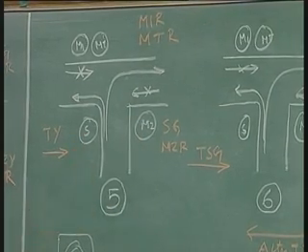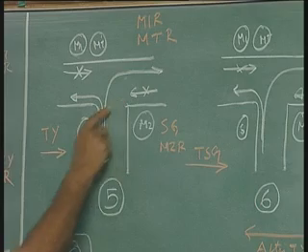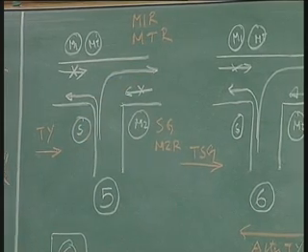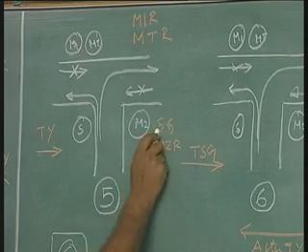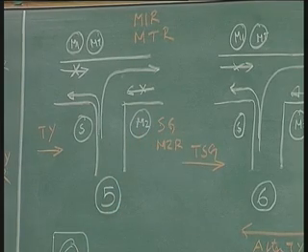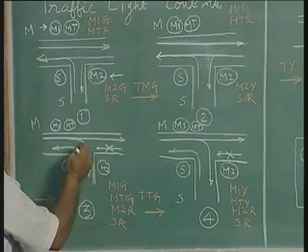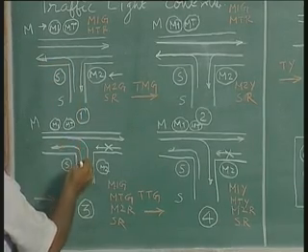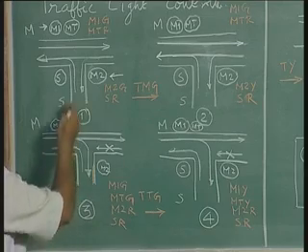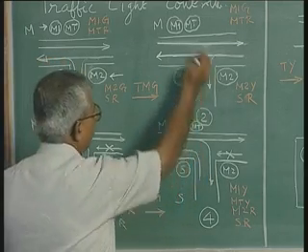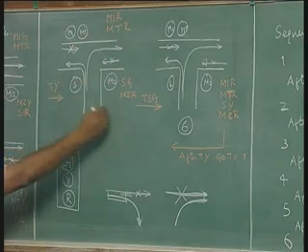Now, we have made way: this is stopped, and we are allowing traffic from side to main. So, side to main is allowed, which means the side signal becomes green. All the while, I am allowing this free traffic from side to main on the left hand side. There is no problem, side to left on the main road. This is not being hindered by anybody, it is always on.